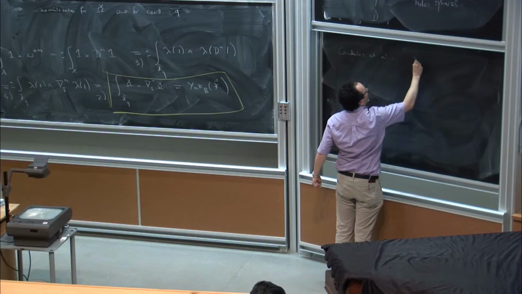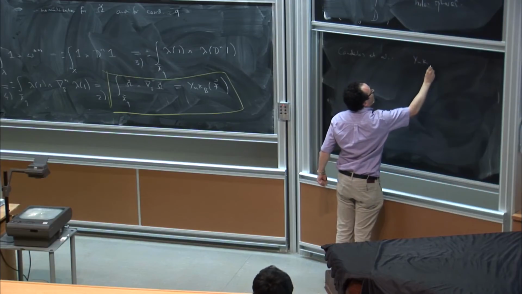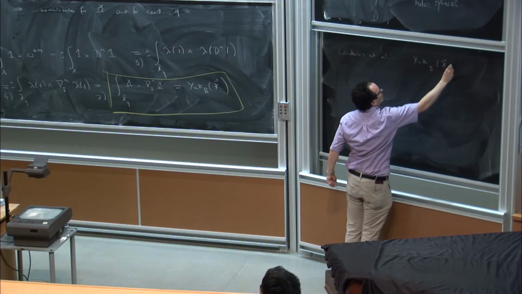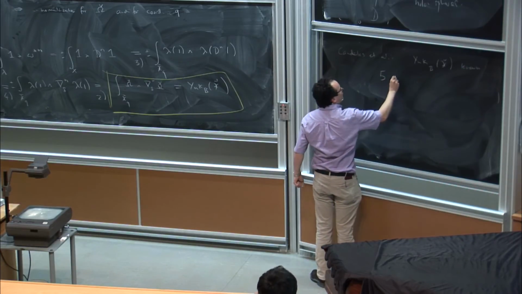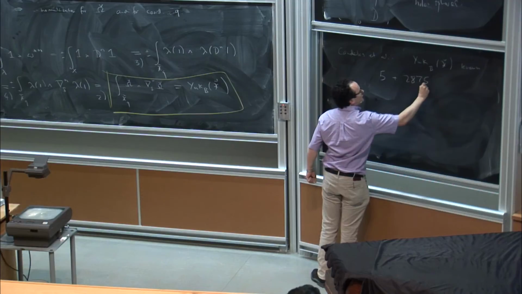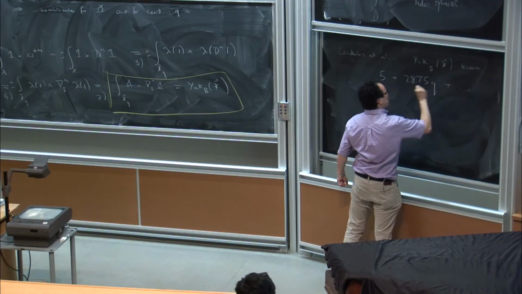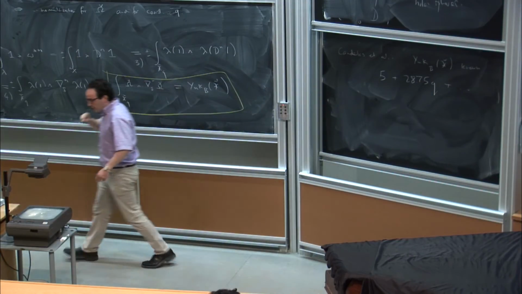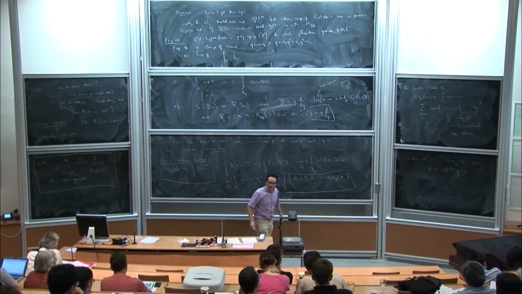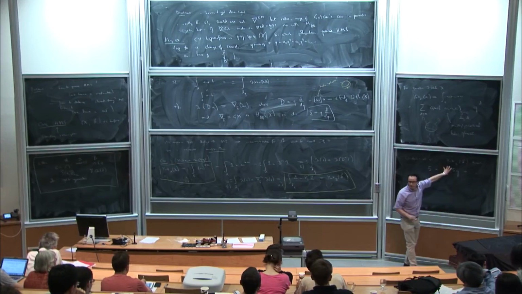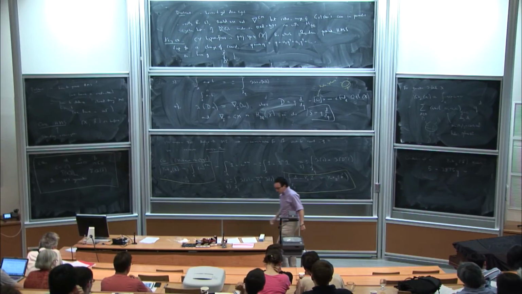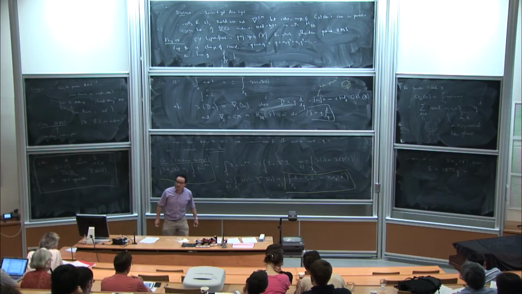So it starts with 5, and then you get 2,875 Q. That's the number of lines in a quintic threefold, and I can't remember how it goes on. So this number is something that we're getting at via mirror symmetry.